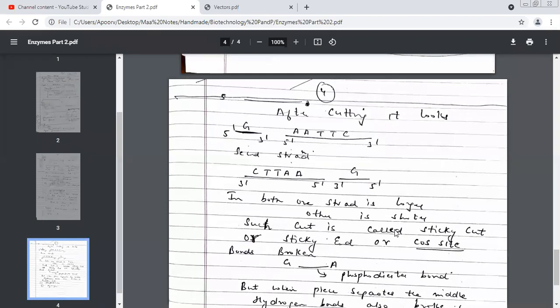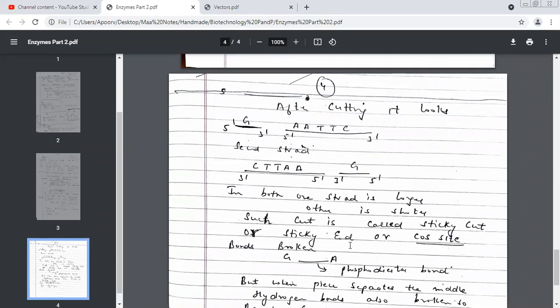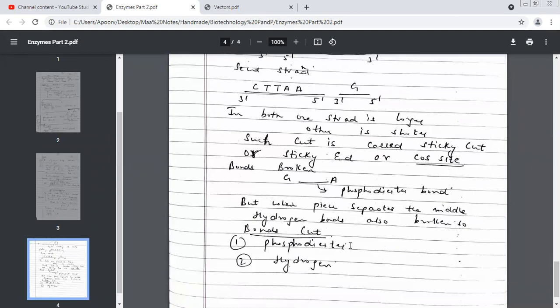Such a kind of cut is called? What is this cut called? Sticky cut. Very good. And such ends, these single-stranded ends, what are these ends called? Sticky ends. Remember beta, in a sticky cut, two kinds of bonds are broken.